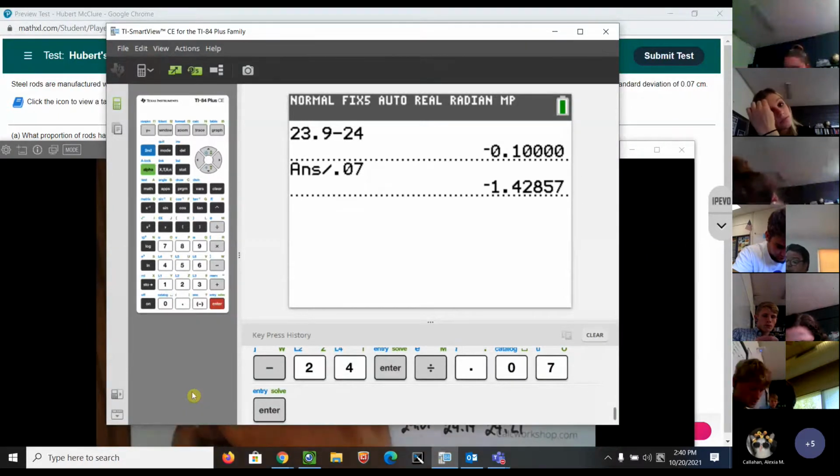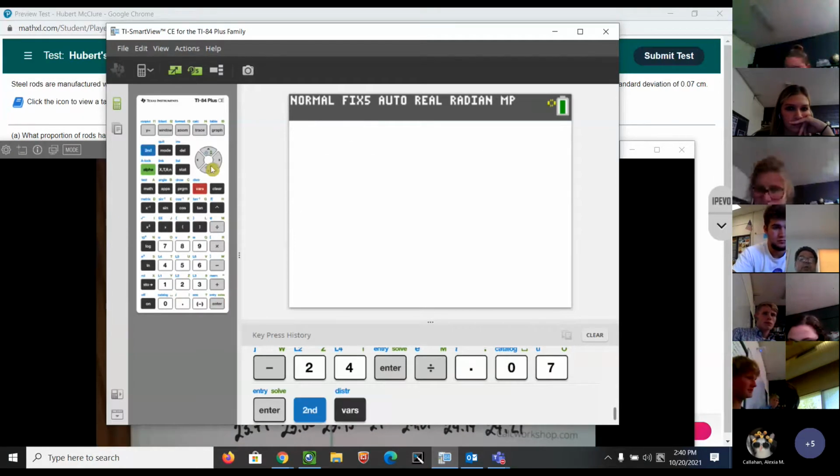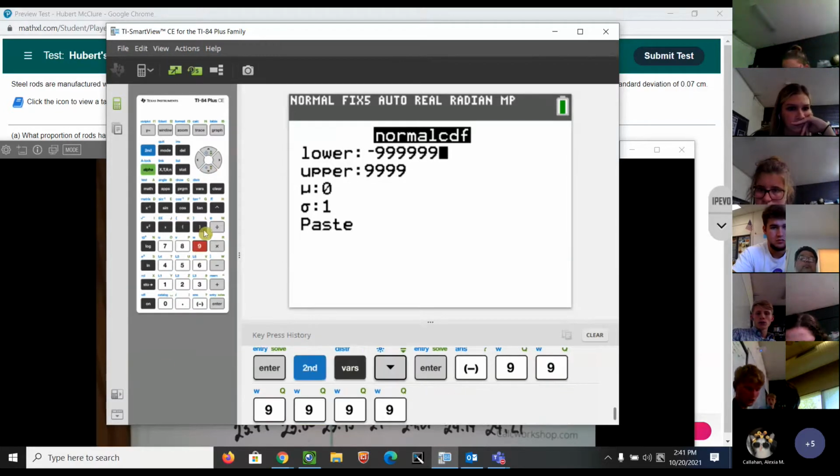So we're going from negative 9999 to negative 1.43. Second, vars, normal CDF, negative 9999 to negative 1.43.